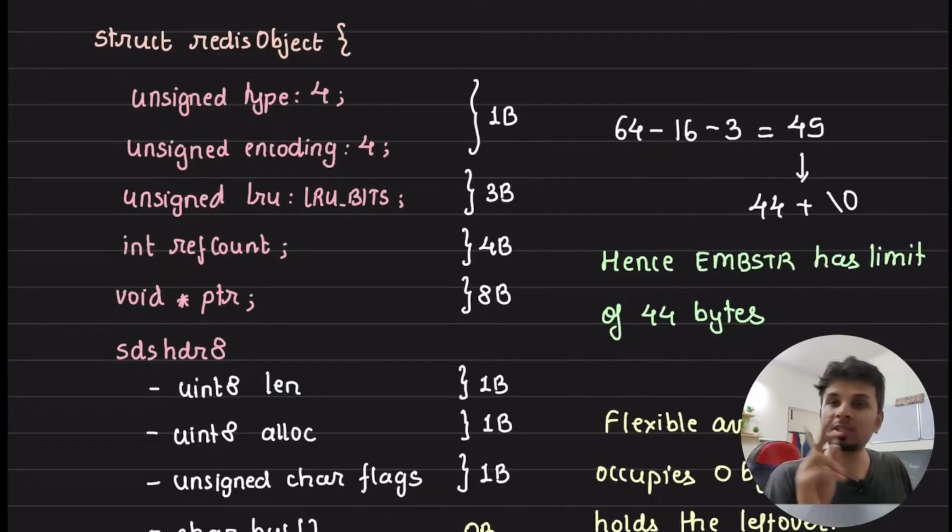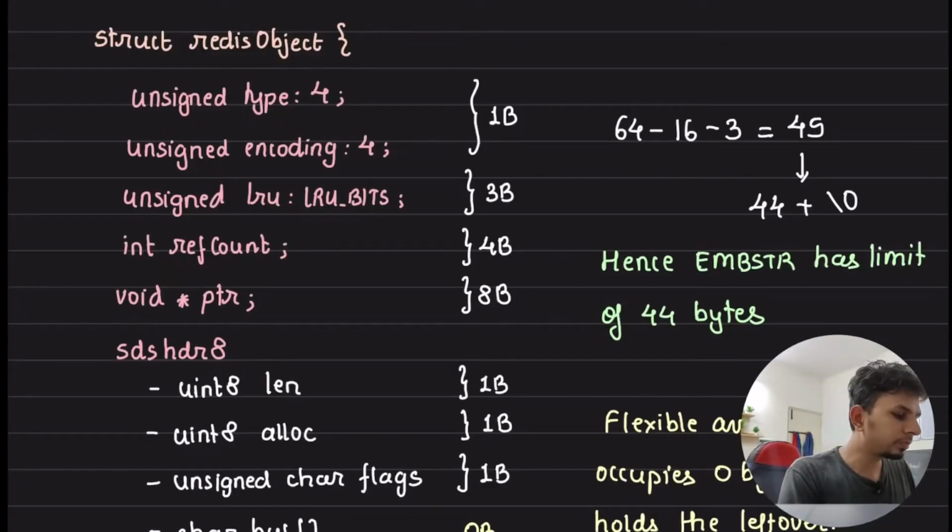So remember the Redis object structure that we had? A Redis object structure has 4 bits of type, 4 bits of encoding, 24 bits of LRU, right? So in all, these are 4 bytes. Then a reference counter. Reference counter is an integer, which means 4 bytes. A void star pointer is 8 bytes, right? So if you sum this up, 4 plus 8, 12 plus 4, 16 bytes, right?